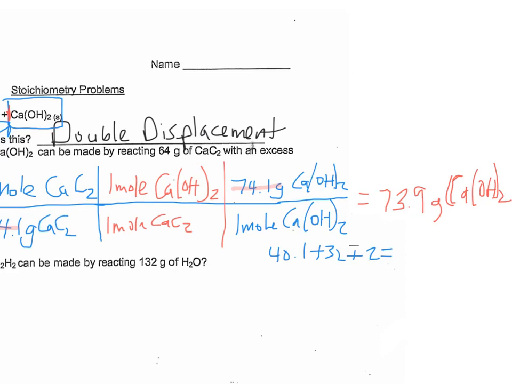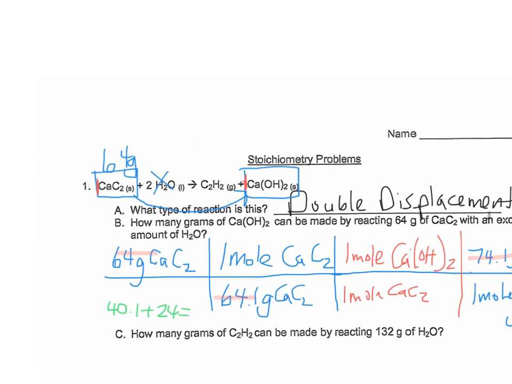Okay, sorry about that last part. Got away from me. So what I want you to do is pause the video. I want you to try 1C. And when you do 1C, what we're going to look at is almost like we're starting over. If you look at what the problem for 1C says, I'm going to erase this so it's brand new. For 1C, if we pull that information out of the problem, it says we've got 132 grams of water.